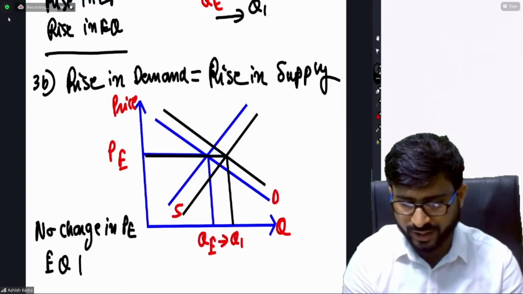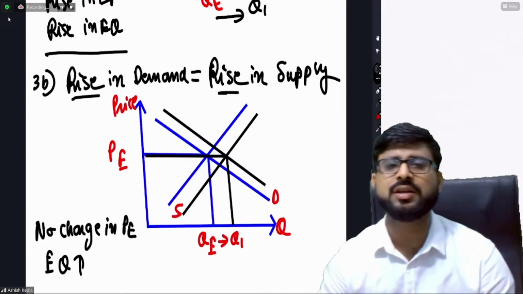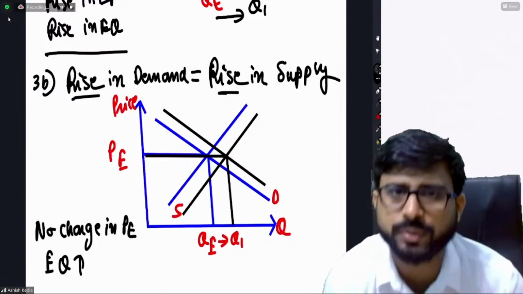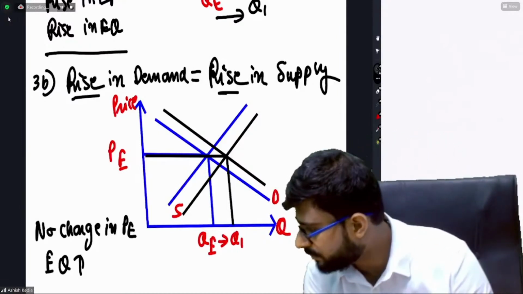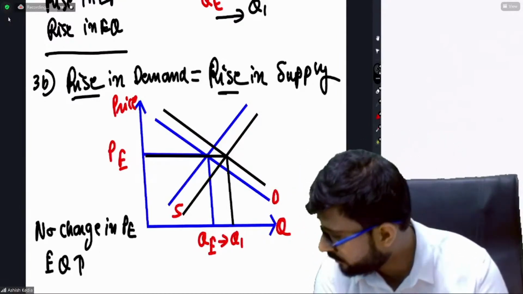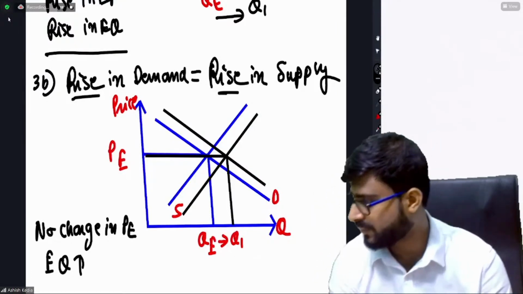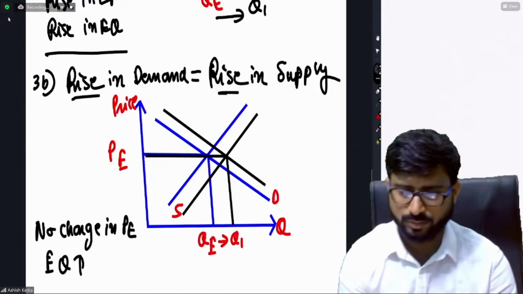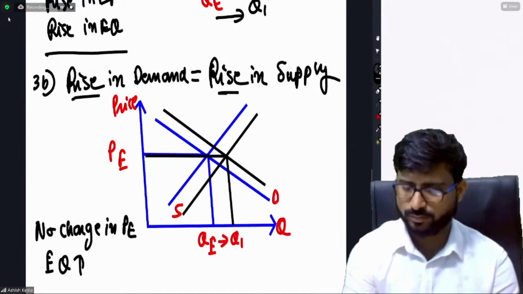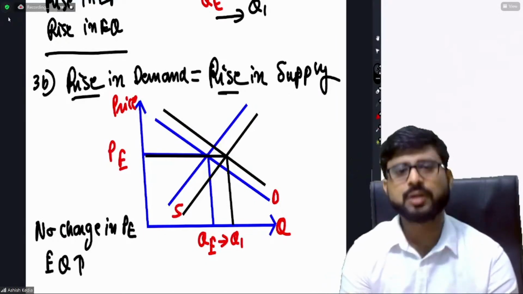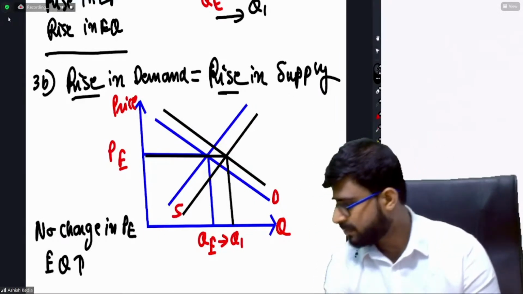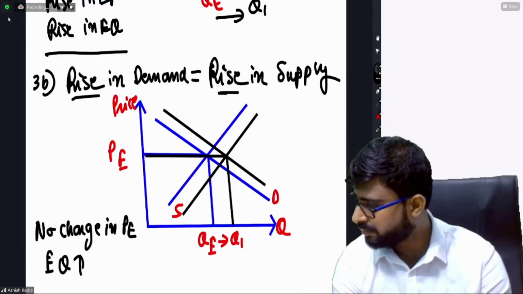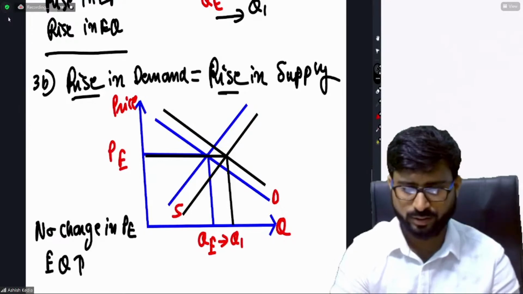And equilibrium quantity, as we had expected because both demand and supply were rising, so common sense dictates that equilibrium quantity will also rise. Yes or no, everyone? Come on. Great.